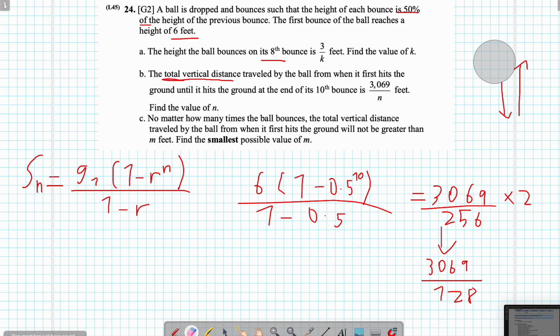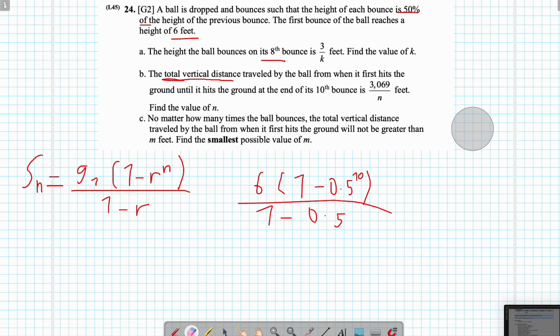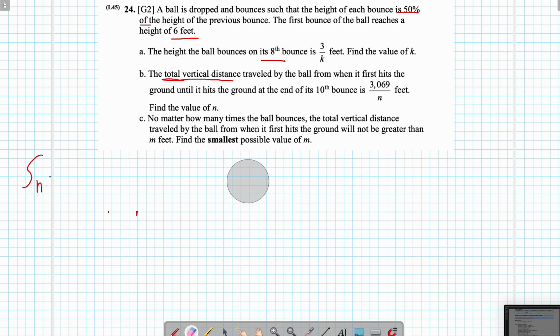Okay, now let's move to part C. Whenever they say no matter how many times the ball bounces, the total vertical distance will not be greater than, what we're doing here is sum to infinity, right? So the rule for that is g1 over 1 minus r. As simple as that.